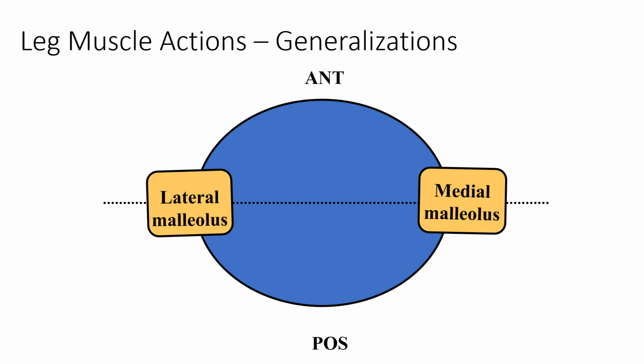If we've made this split, we can say anything that is anterior is a dorsiflexor, and anything that is posterior is a plantar flexor. So remember, plantar flexor, that's your toes towards the ground, or you're planting your foot so the ball of your foot is on the ground.